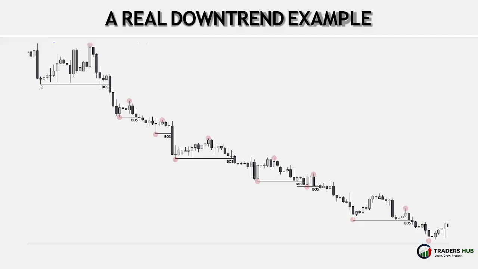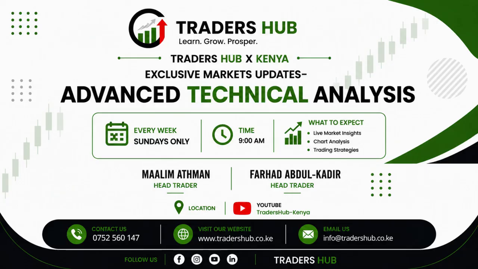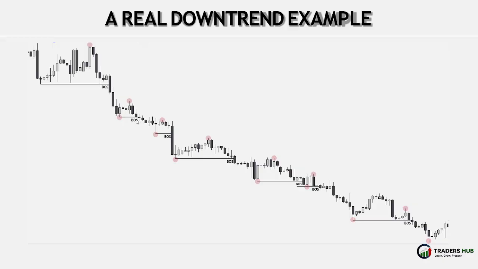This is a lower low, lower high. Break of structure. A break of structure now confirms the lower high. Lower low, lower high. Break of structure. Lower low. Lower low, lower high. Break of structure. Print a new lower low, lower high. Break of structure. We print a new lower low.